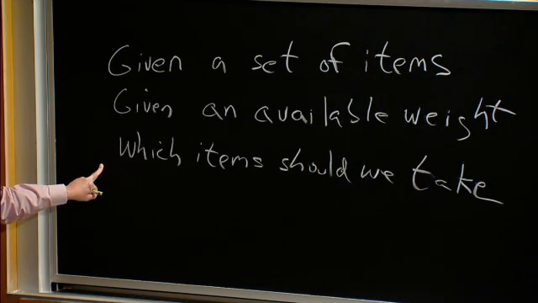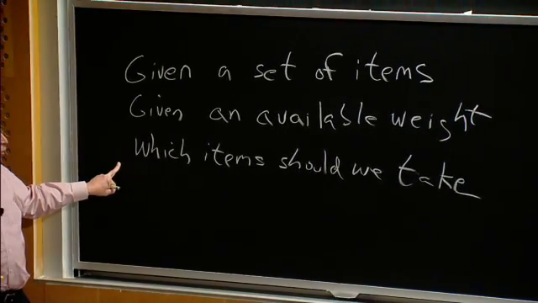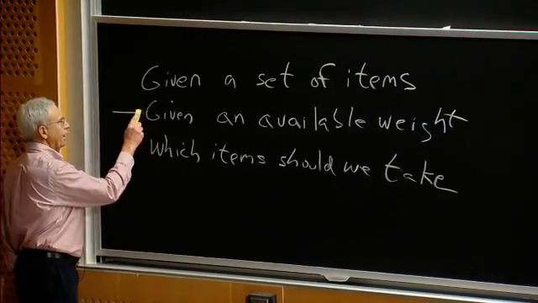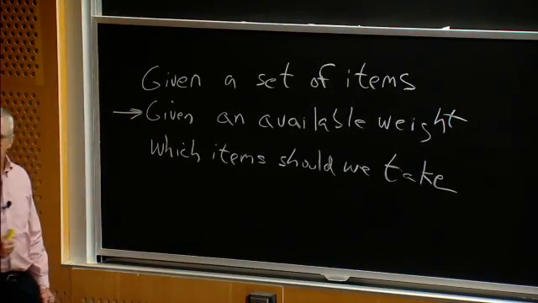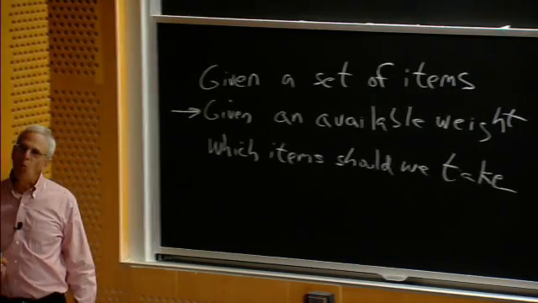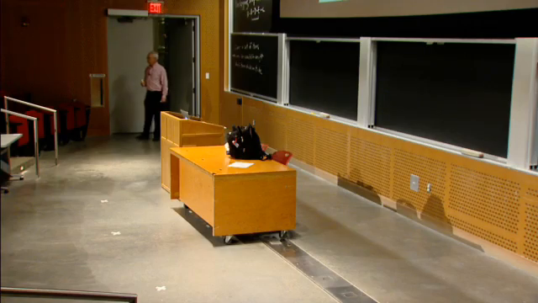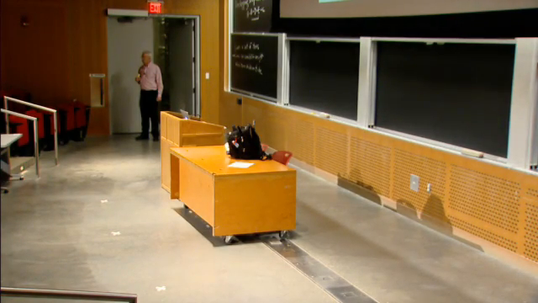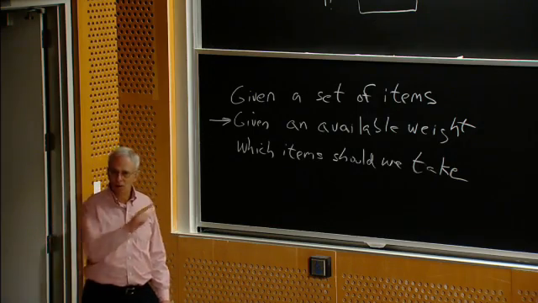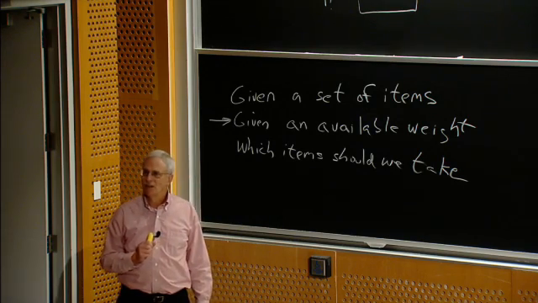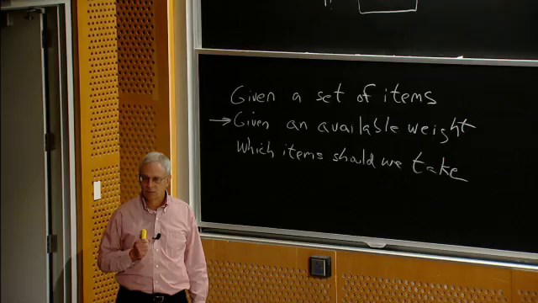In order to decide what to take next, we need to know how much weight we have available, but we don't need to know why we have that much weight available, which items we have previously decided to take. That part of the for tuple turns out not to be relevant to the problem I still have to solve.